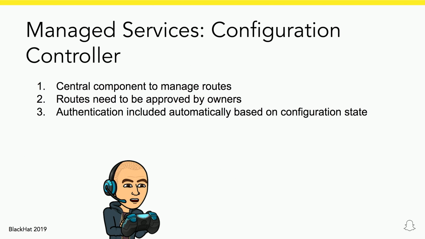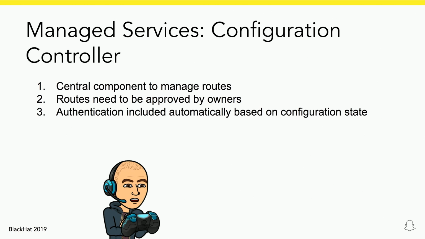So the central configuration controller, this is like the brain of the system. It works by the Envoy XDS protocol. It's basically how Envoy communicates to a central service and downloads its configuration state, routes, authentication, filters. So because the routes come with authentication and authorization built in, we have an approval workflow.